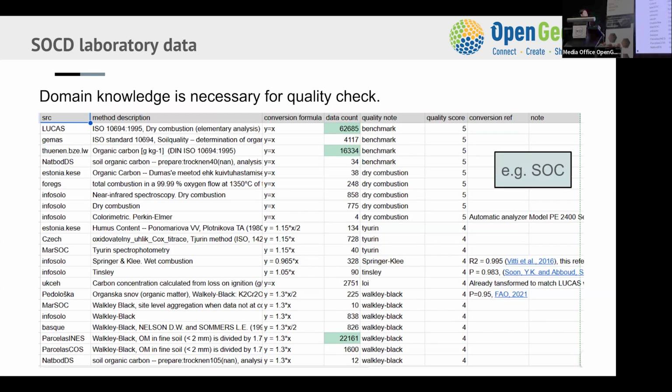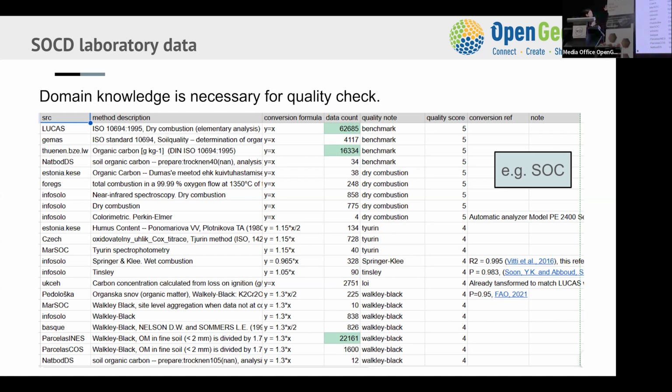Another major component of the input data is the soil organic carbon density measurement data. And we spent quite a long time to collect all the data from different sources and harmonize them to be consistent. These are all the sources we collected the data from.